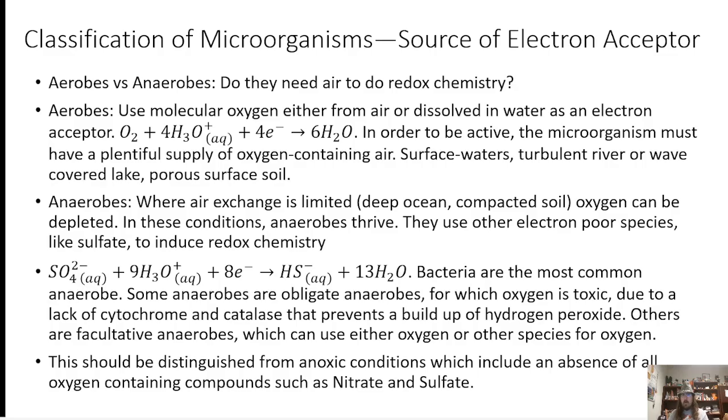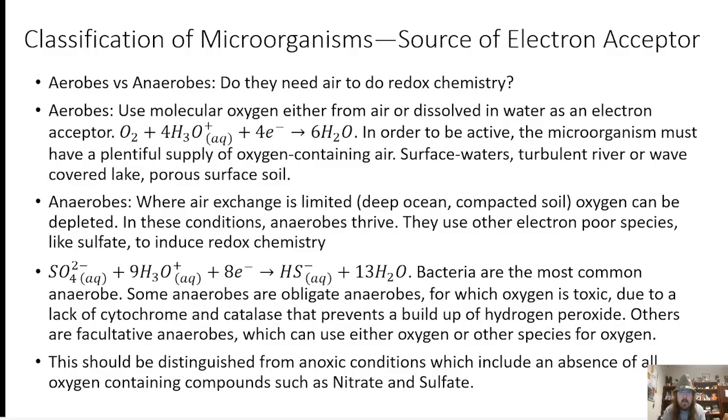And then we can also look at and classify microorganisms by the source of electron acceptor. Are they aerobic or anaerobic? Do they need air to do the redox chemistry? Aerobic microbes use molecular oxygen, either from air or oxygen dissolved in water, as an electron acceptor.